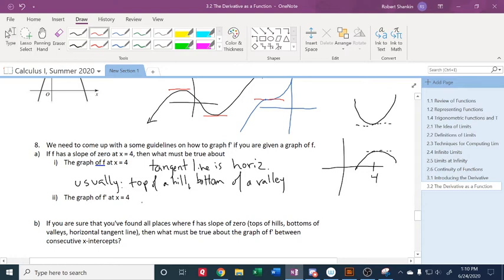It's a kind of tricky conceptual question. Let me go to that. At x equals 4, we have an x. Does that mean that it's a derivative?